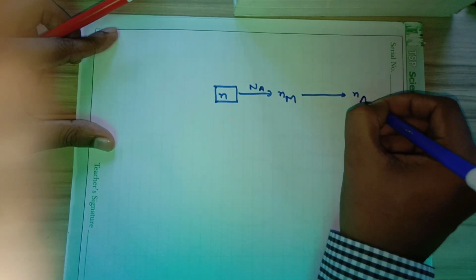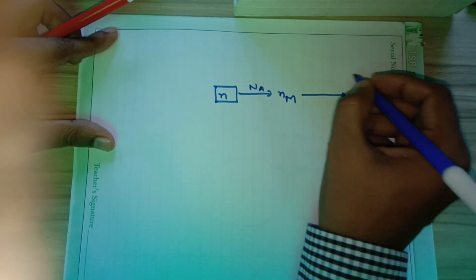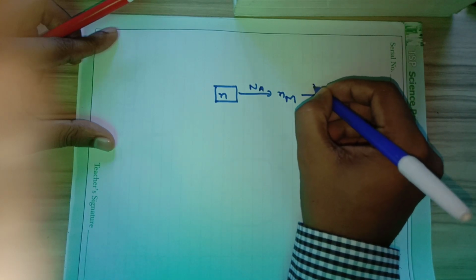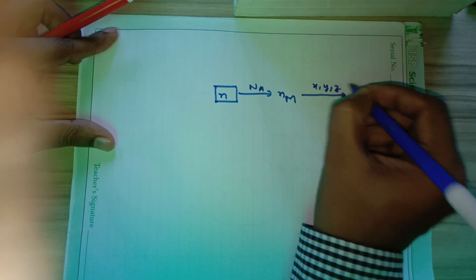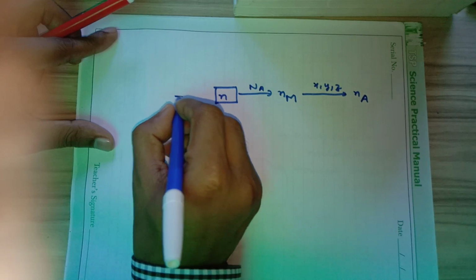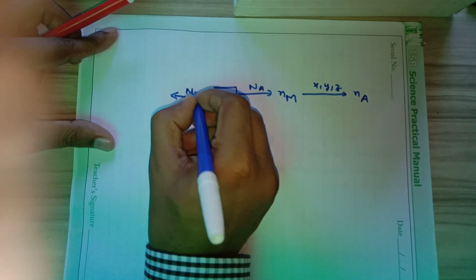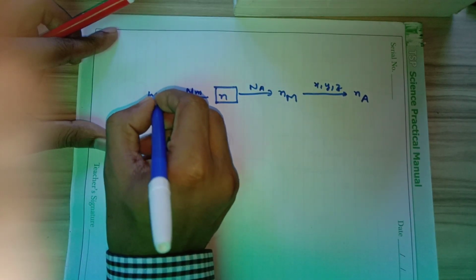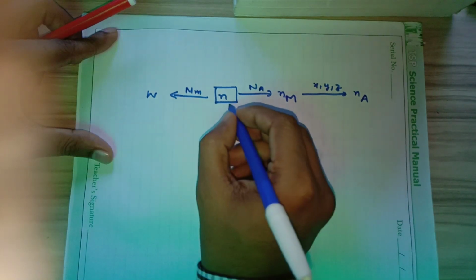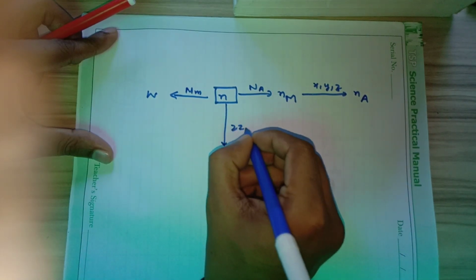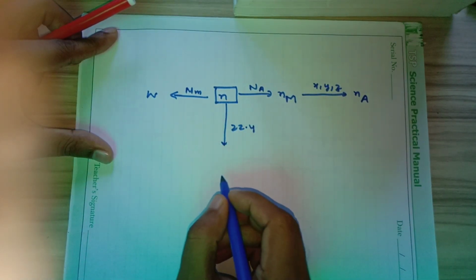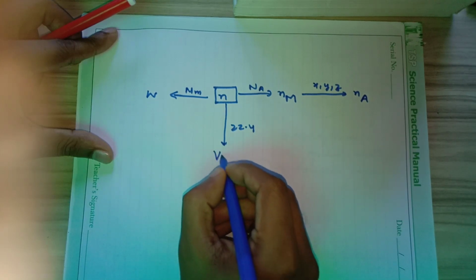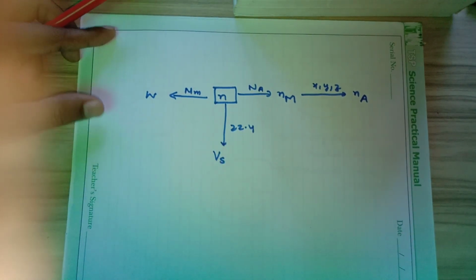Here is number of atoms, and it may be multiplied by X, Y, Z, anything. Here it will be molar mass and here it will be weight. Now here it will be 22.4 at standard temperature and pressure conditions. Here it is volume of substance.